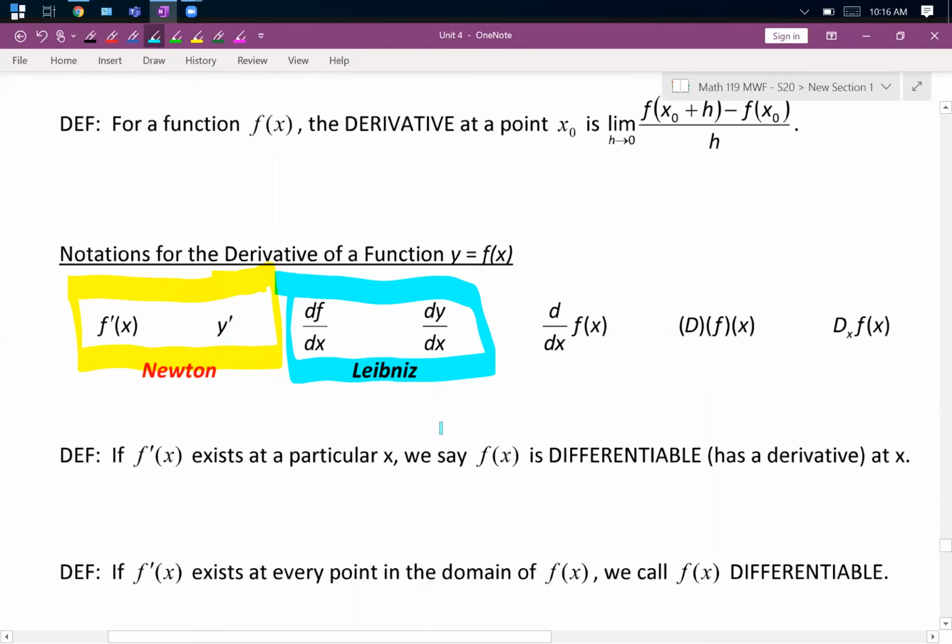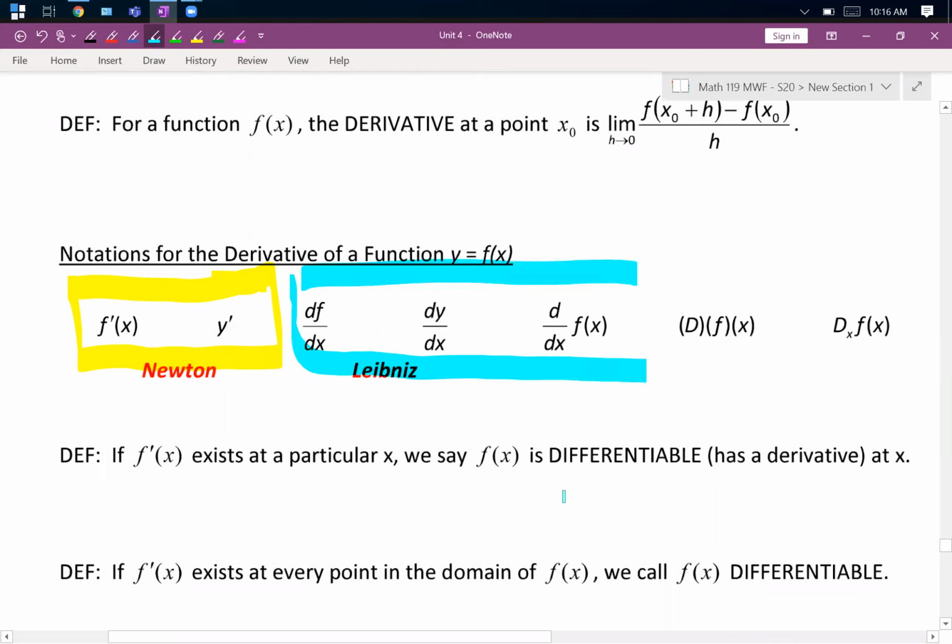And this is still Leibniz notation, sometimes they put the f of x off to the side. So you'll see d dx and then the f of x off to the side. These are what you're going to see in Calc 1. These are some other more obscure notations that you might see in Calc 3.